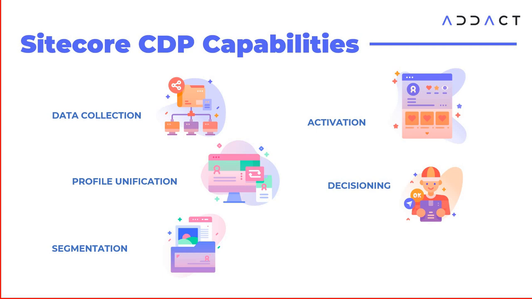If it is a returning customer, it already has some data in the CDP, and it displays the products the customer already viewed. And if it is a new customer, it shows the products already purchased by some other customers. So this way, these are the high capabilities of a CDP.